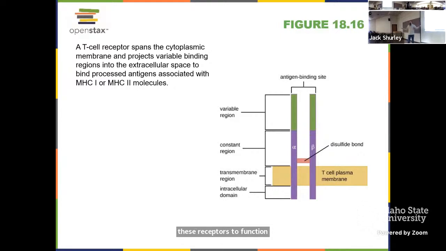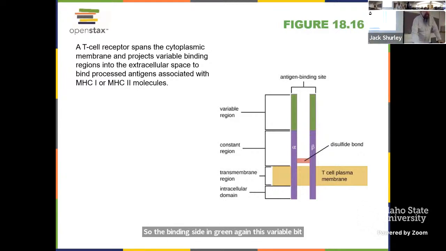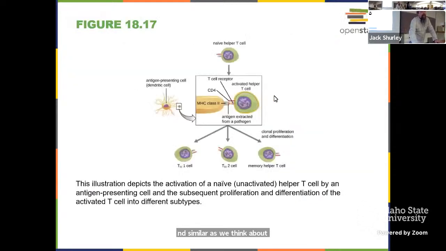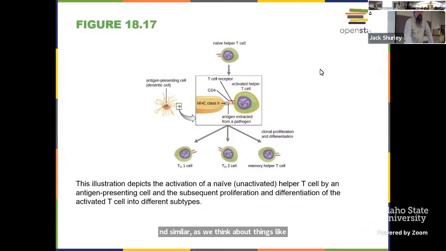And truly that to me is fascinating that we've got all of this potential for these cells to make this recognition. So the binding site in green, again, this variable bit and similar as we think about things like immunoglobulins, that really kind of fits with what we think about with the rest of this.